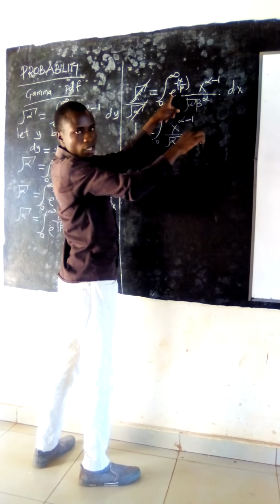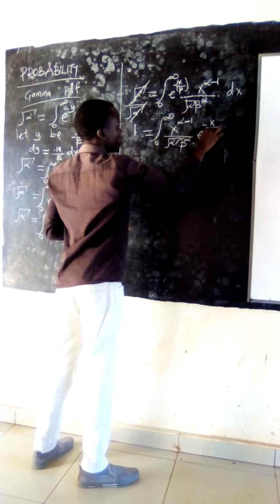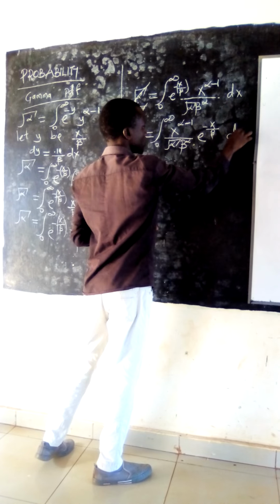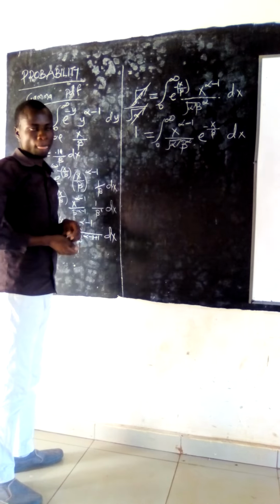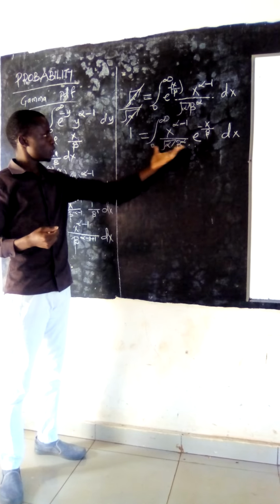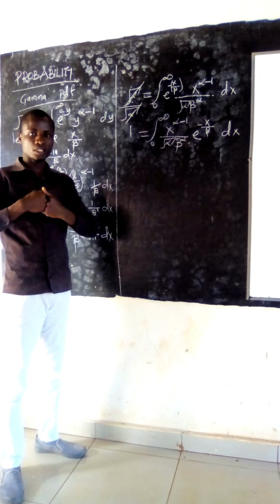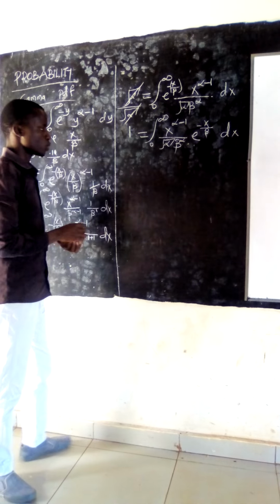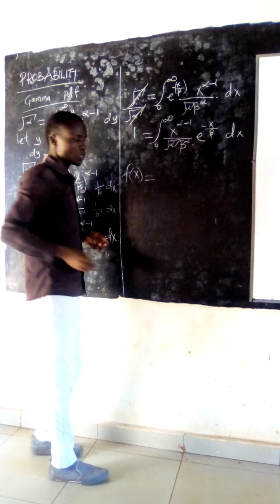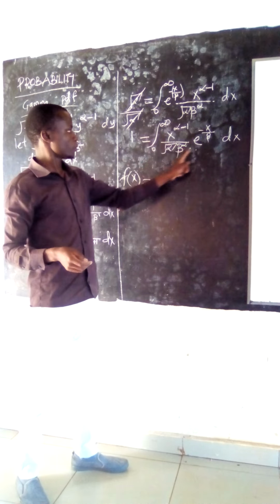Then I now join the exponential, so that is the exponential of negative x over beta. And my assumption is that is dx. Now friends, after coming up with the summation to be 1, you need to finalize by writing the provided PDF. So I'll say, therefore, the PDF, framed as f(x), is now equal to, we just write the probability.